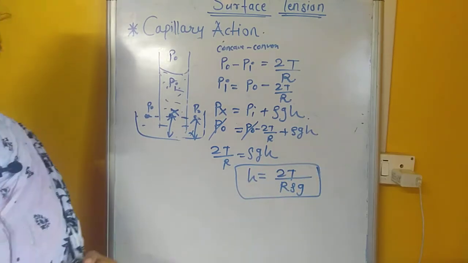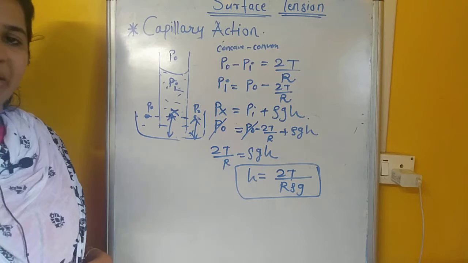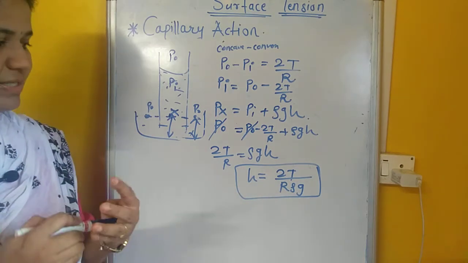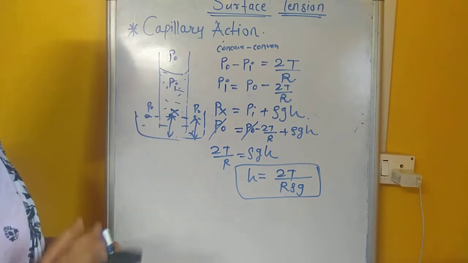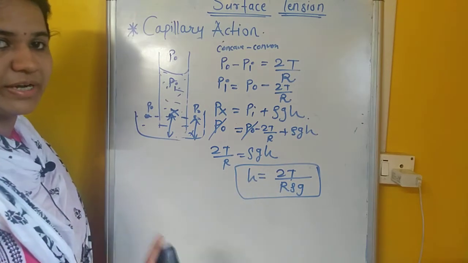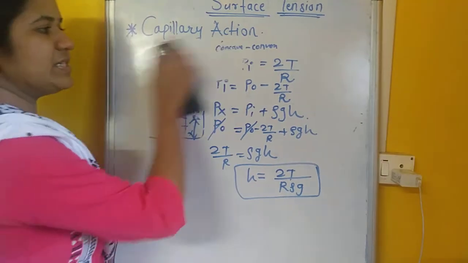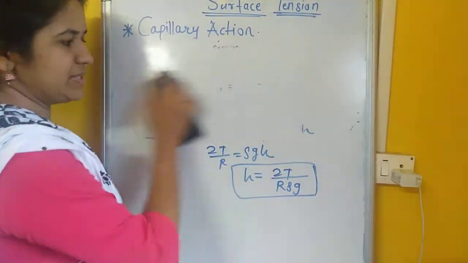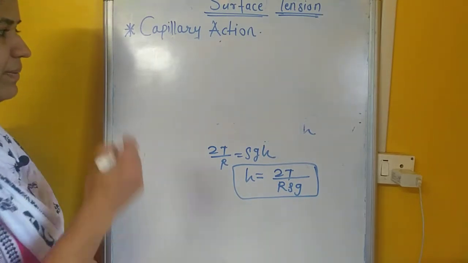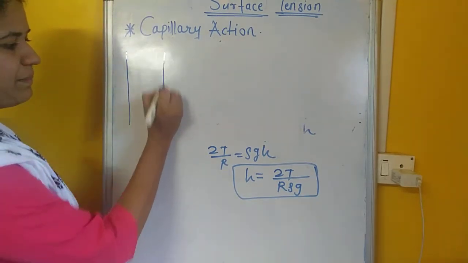But one problem is there: how to calculate radius R. Okay, so how to calculate this radius R, I will show you what this radius is. This radius is not the radius of the tube. This radius is the radius of meniscus. For example, this is a capillary tube.